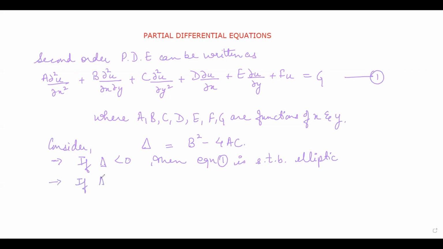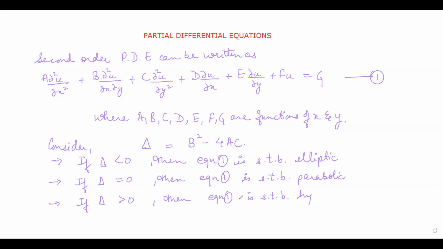If the discriminant is equal to 0, then the equation 1 is said to be parabolic. If the discriminant is greater than 0, then the equation 1 is said to be hyperbolic.